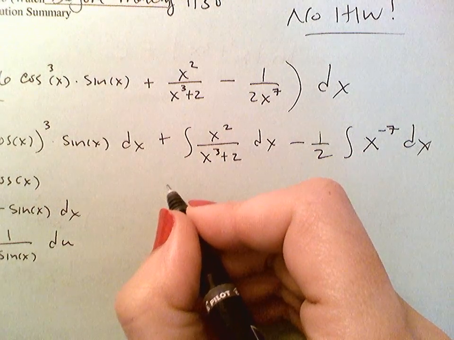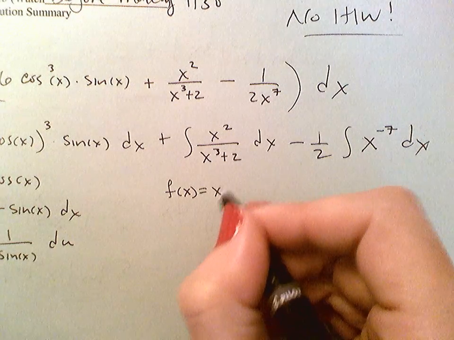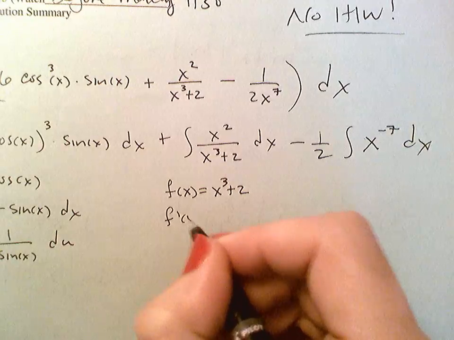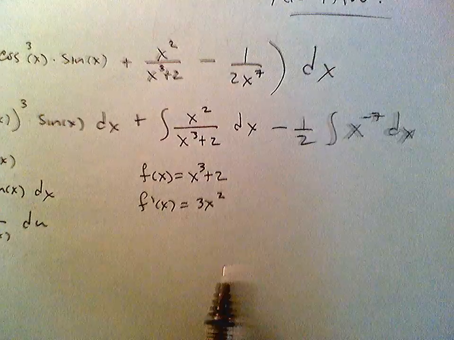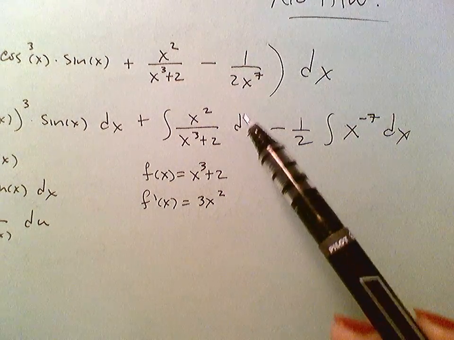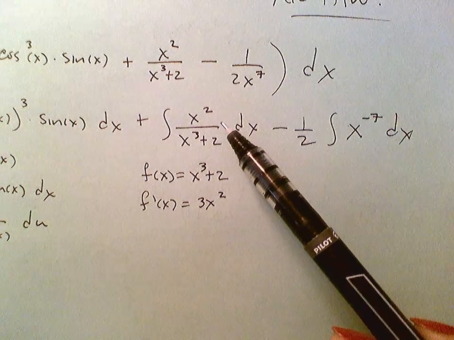So you let f of x equal the denominator. Then you take its derivative, and if you're only off by a coefficient, so I could use the formula that we did in the last video if this numerator were 3x squared, but it's not, it's only x squared.